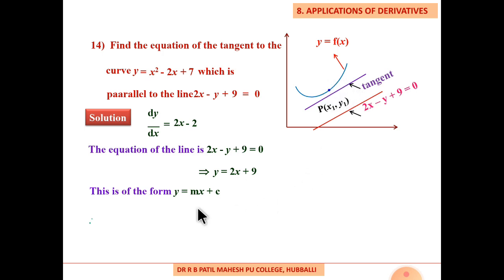So first you convert this equation in terms of y equal to mx plus c, then compare these two terms, we will get the slope of the line is 2. Compare this term, the constant term is 9 here, m is 2, that is the slope of the line.